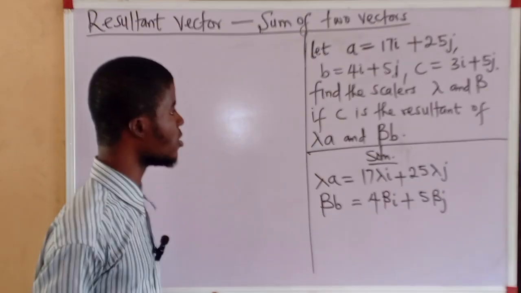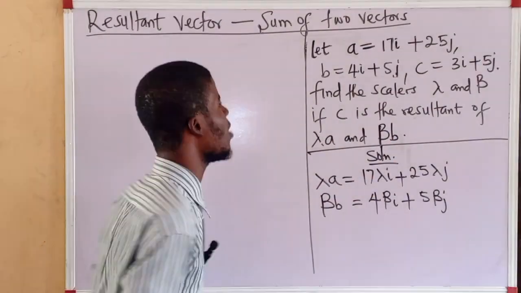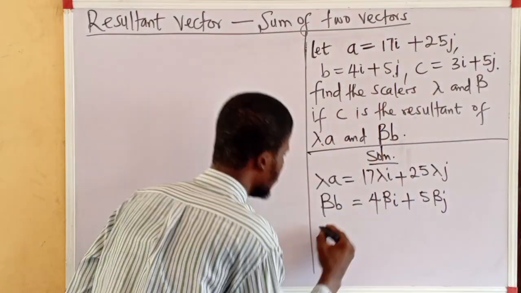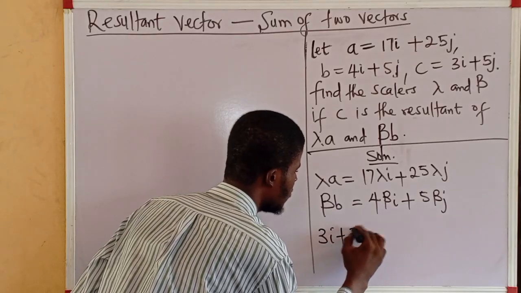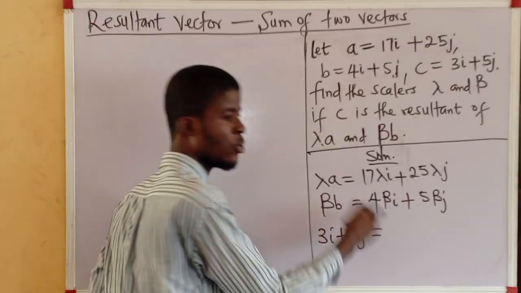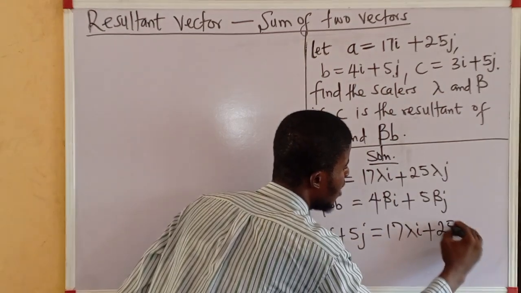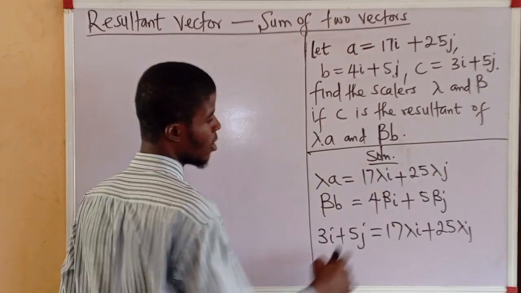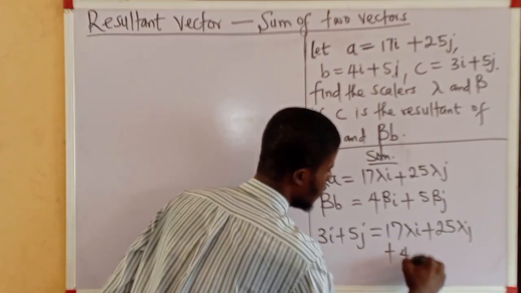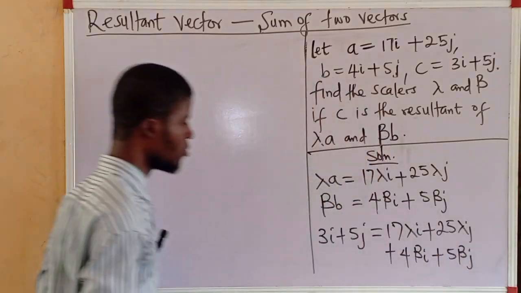So if C is the resultant of this and this, that means 3i plus 5j is equal to the sum of these two. That's what this question is saying. 17 lambda i plus 25 lambda j plus 4 beta i plus 5 beta j.